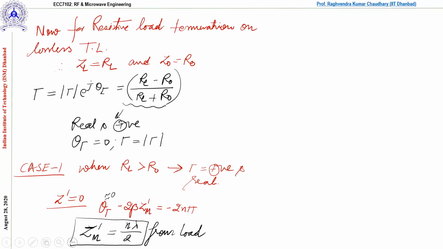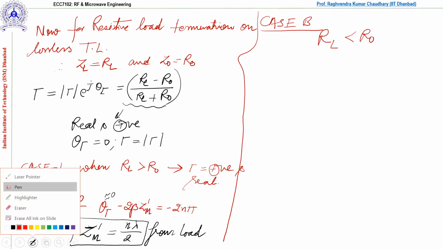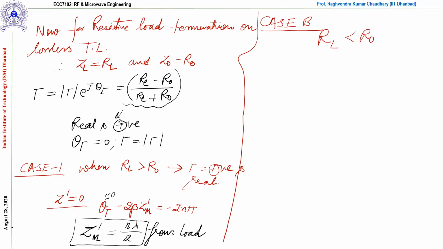Okay. So the next is case B. What is case B? Case B is RL less than R naught. In that case, what will happen? Just the opposite of what we have seen for RL greater than R naught.